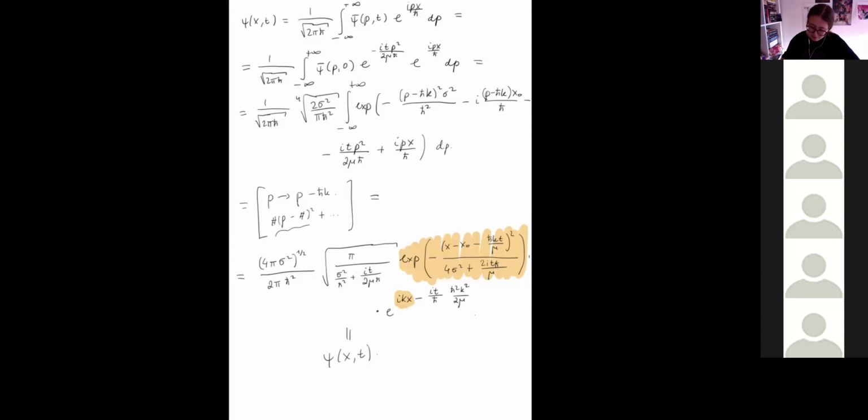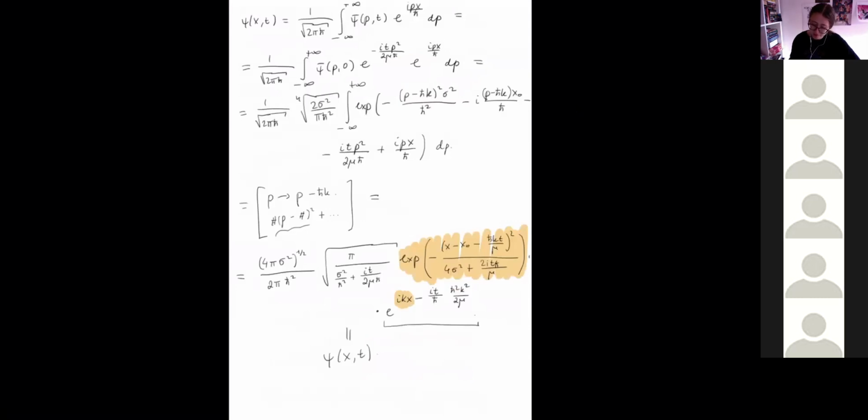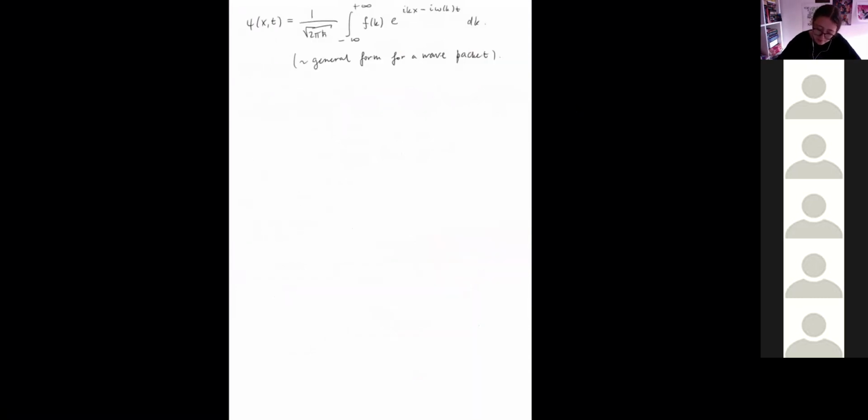The movement of the wave is determined by e to the power ikx minus i h t h squared k squared over 2 mu, and here we have omega of k. For the Gaussian, this function omega of k that appears in this definition is just h squared k squared over 2 mu h.